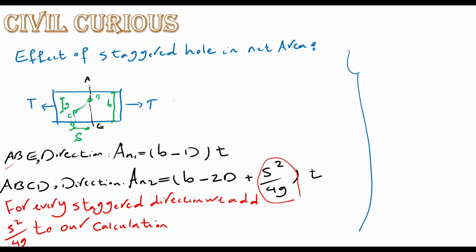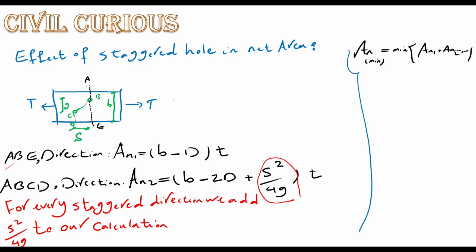We have here the minimum of An is equal to the minimum of An1 and An2 and so on.